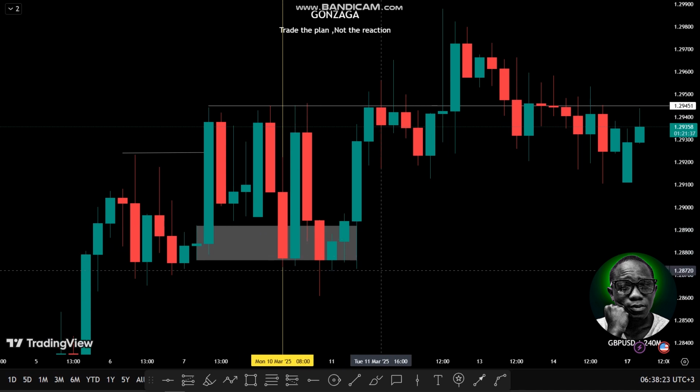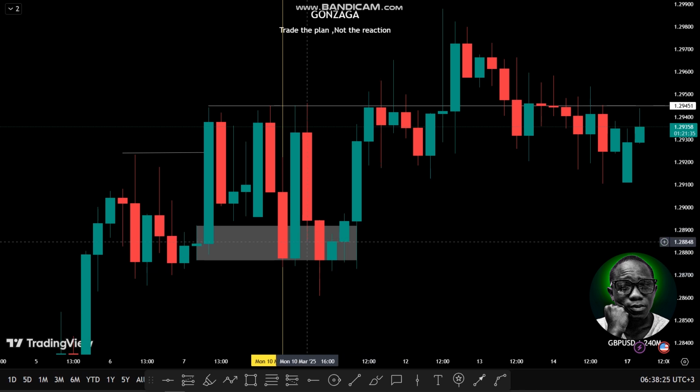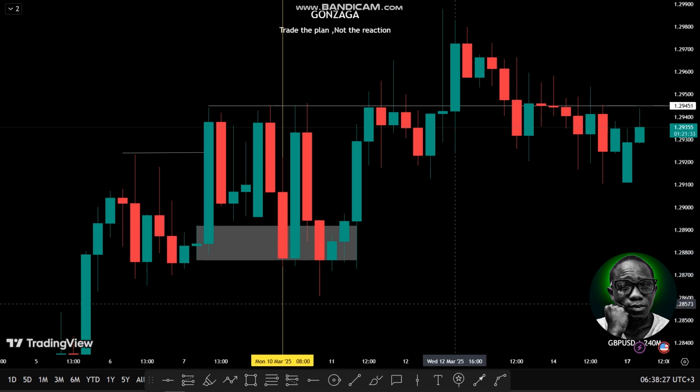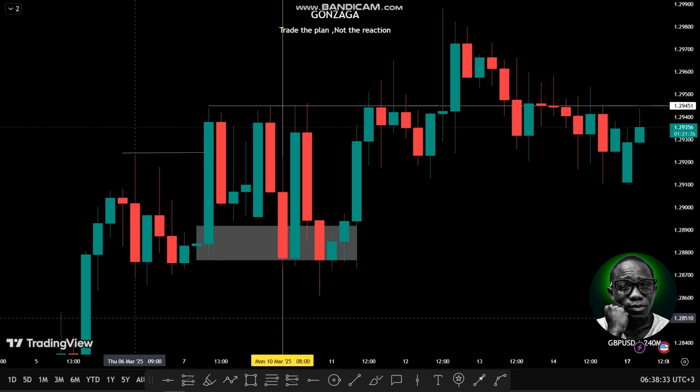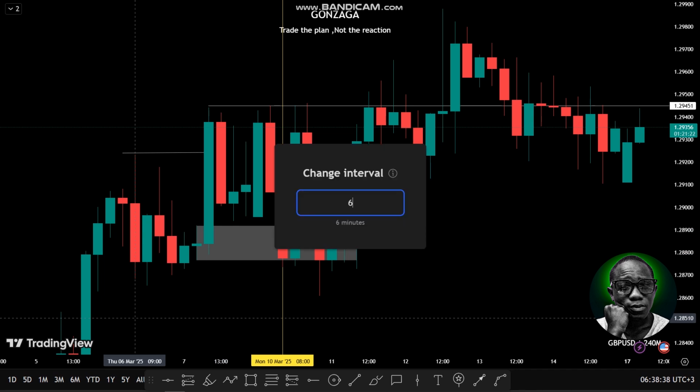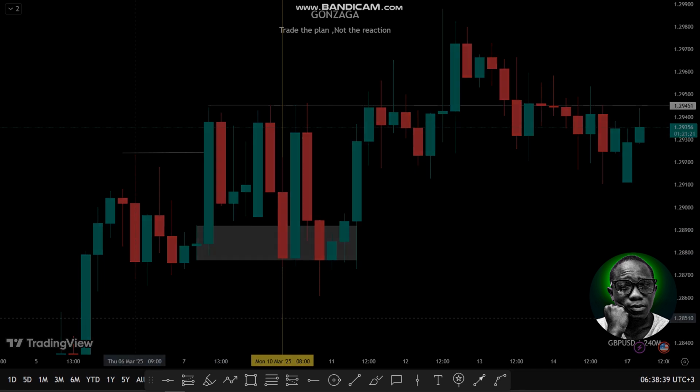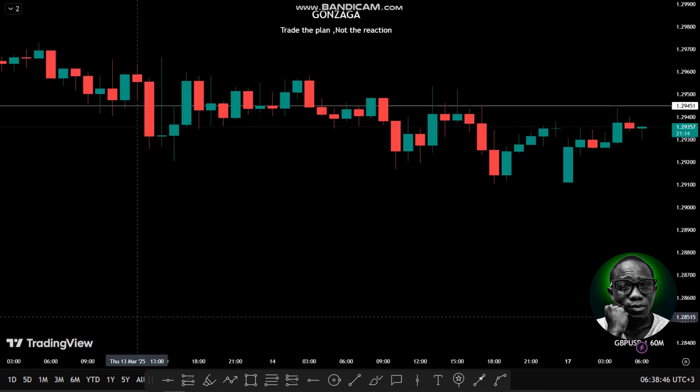I always wait for the market to come into my demand zone, then I go into the 15-minute. But before that I always go into the 1 hour, to refine my demand zones, or my points of interest, since my points of interest are already supply zones and demand zones.